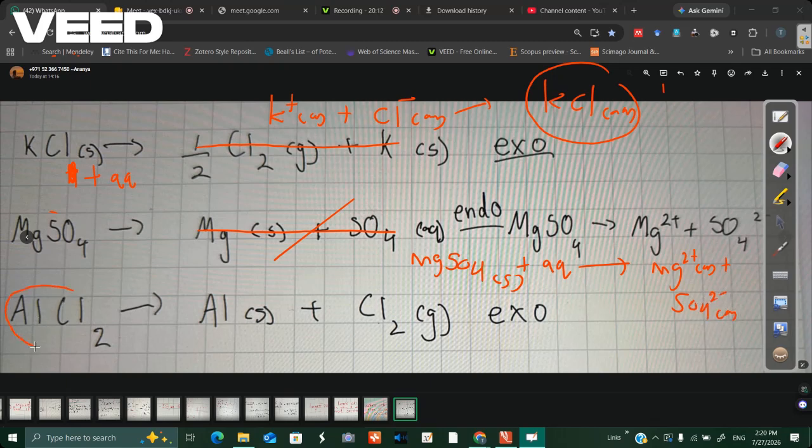Aluminium chloride. Is it correct? Is the formula correct? AlCl3. Sorry. Then what should be written here? Al3 plus. Or can you fix it as any the answer?